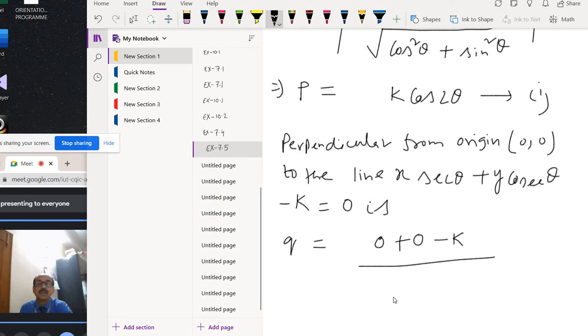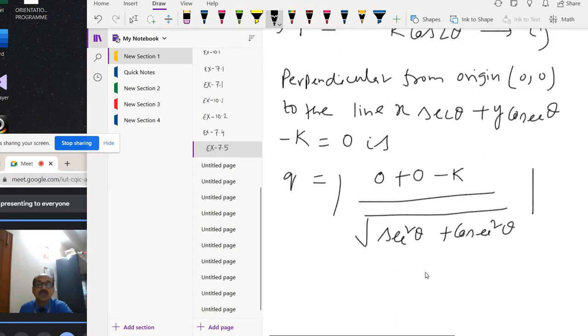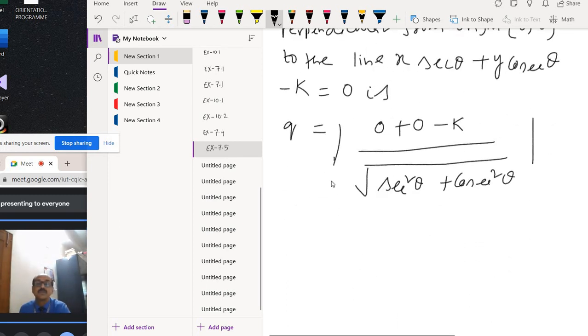divided by under root x coefficient sec theta square, so sec square theta plus cosec square theta, mod. Now q equal to, the mod value is positive, so q equal to k by, simplify this.